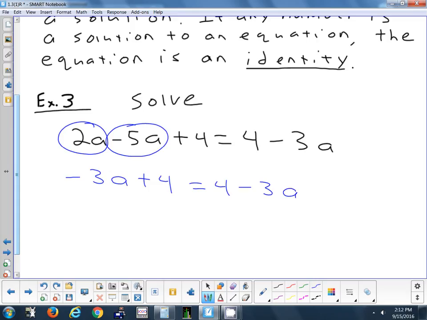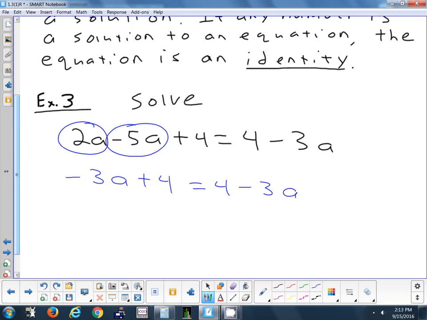Your next step would be to do our adding and subtracting. Let's put all the letters on one side. Or you can put all the numbers on one side. It doesn't really matter. This time, let's put all the letters on one side. Do you want to put all the letters on the right or on the left?